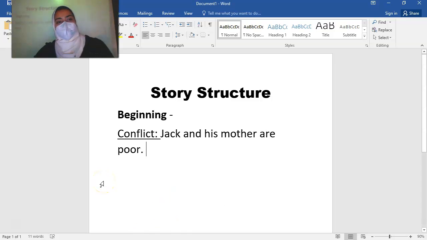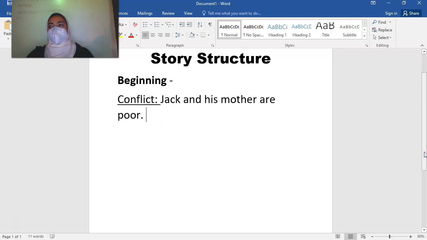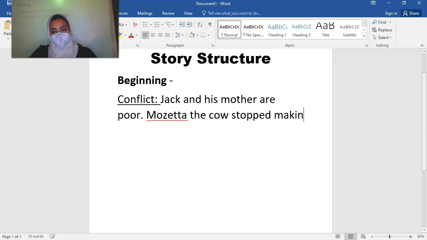Yes, and why are Jack and his mother poor now? How did they earn a living before they were poor? They used to do what? They used to sell. Good. They used to sell milk, right? But now their cow, Musetta, stopped giving milk, so they can't earn money. So Musetta, the cow, stopped making milk.